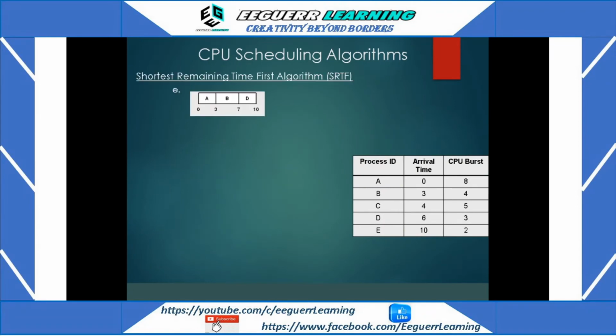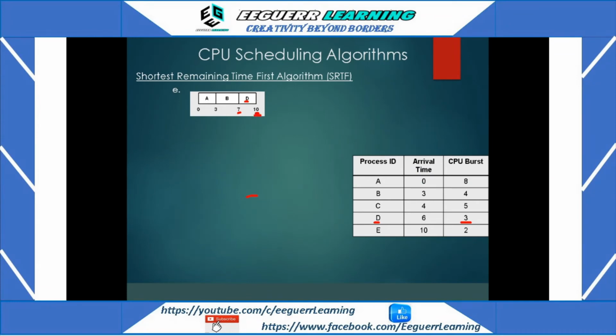Let us continue here. The same as we mentioned, 7 plus 3 will give us 10, and process D is already executed by the CPU. Next, we now have a total CPU time of 10 here.